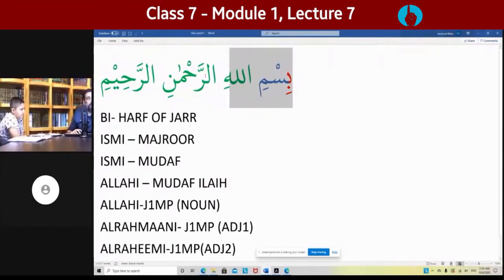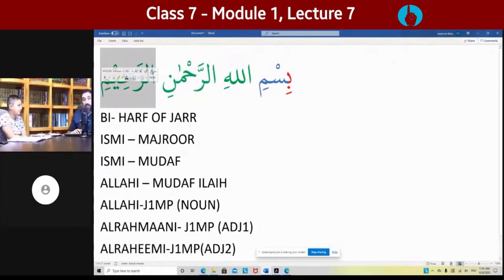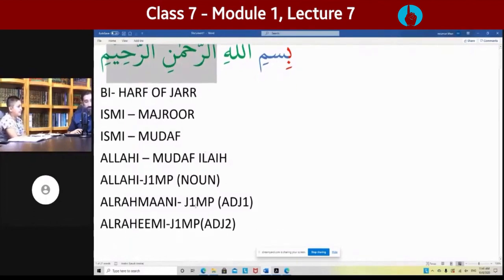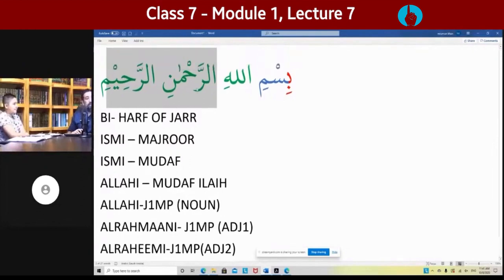Ar-Rahman means the extremely loving and caring. Ar-Rahim means the always loving and caring. The extremely loving and caring and the always loving and caring match with the word Allah, which means they are adjectives of the word Allah.